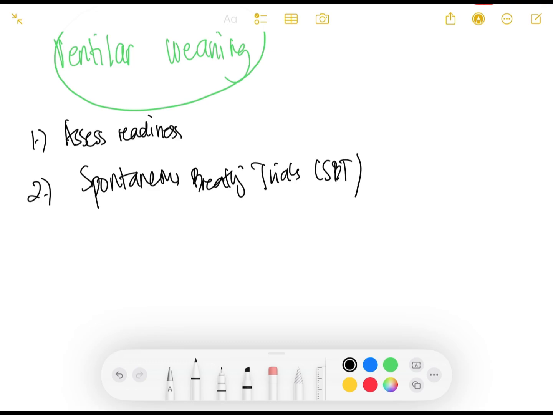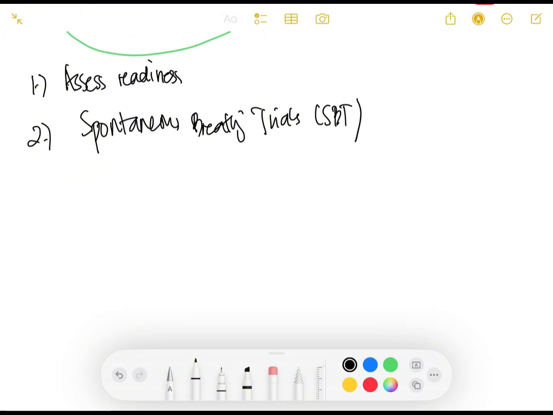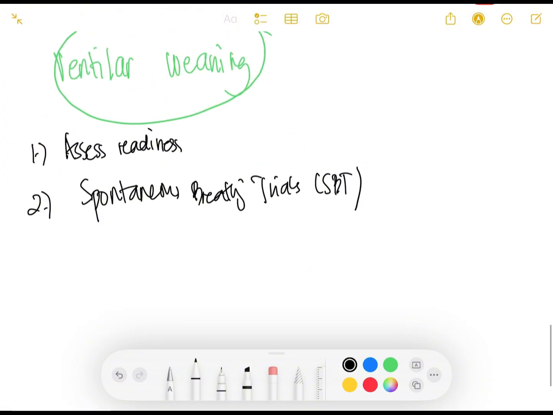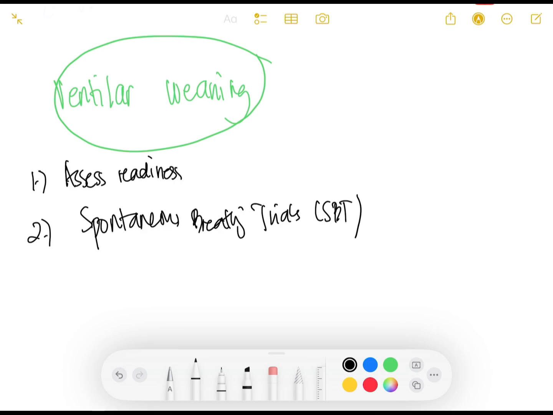So these are the protective mechanisms ng respiratory system natin na ina-assess. Okay, and then if all of those are okay, si patient will be undergoing extubation or the removal of that tube that was attached or placed in the patient. Okay, that is needed for mechanical ventilator.